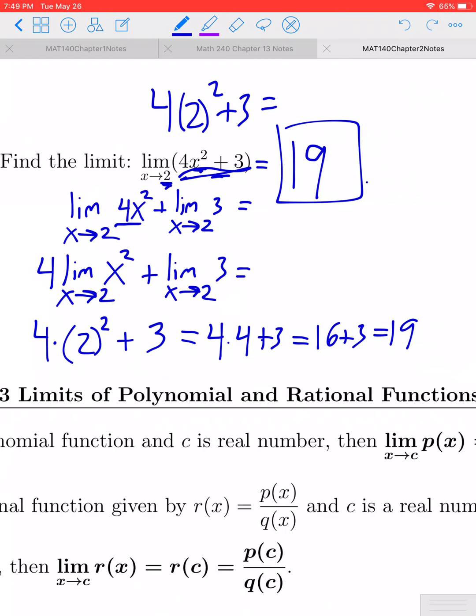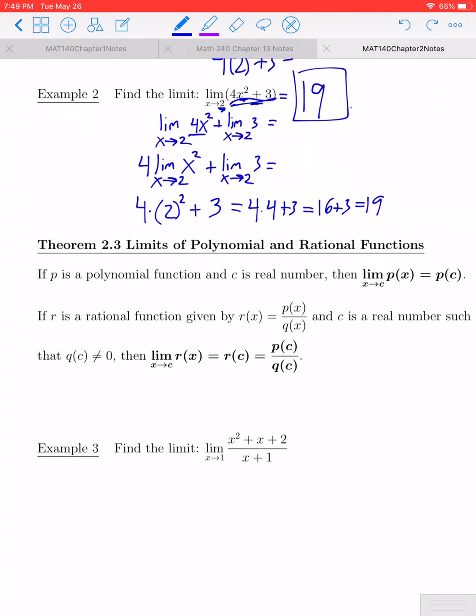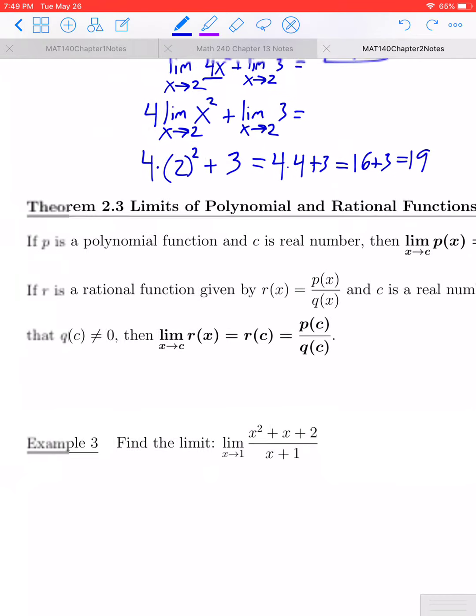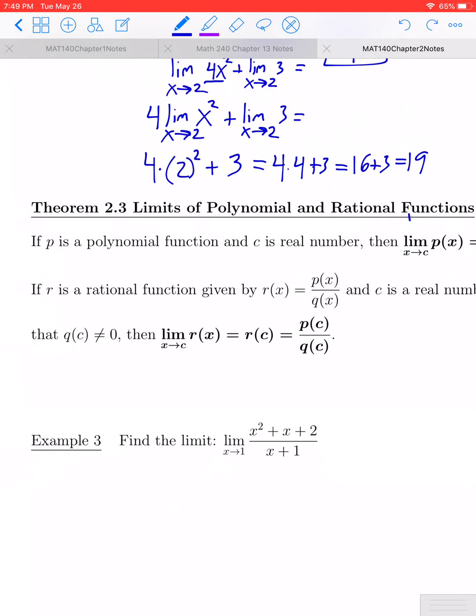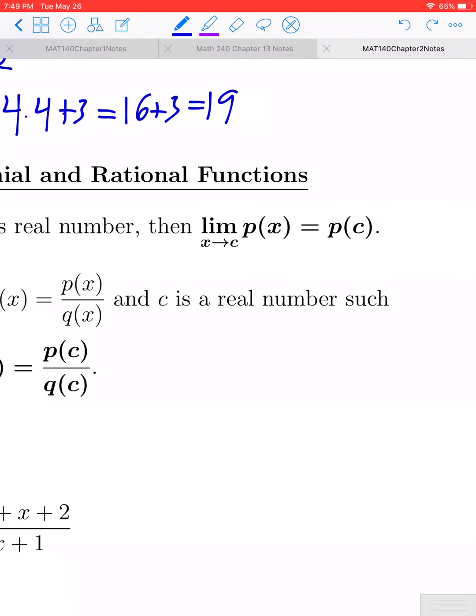Polynomials are not the only class of well-behaved functions. For example, any rational function, which is the quotient of two polynomials, is well-behaved provided the denominator's limit is not equal to 0. What that means for us is that we can find the limit as x approaches c of any polynomial p of x simply via direct substitution.